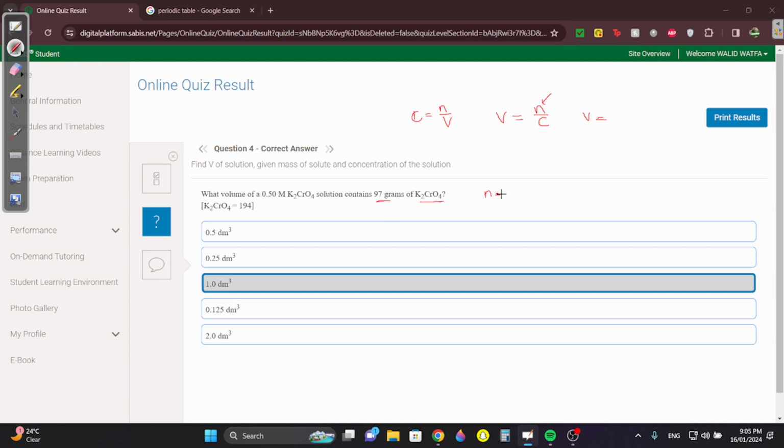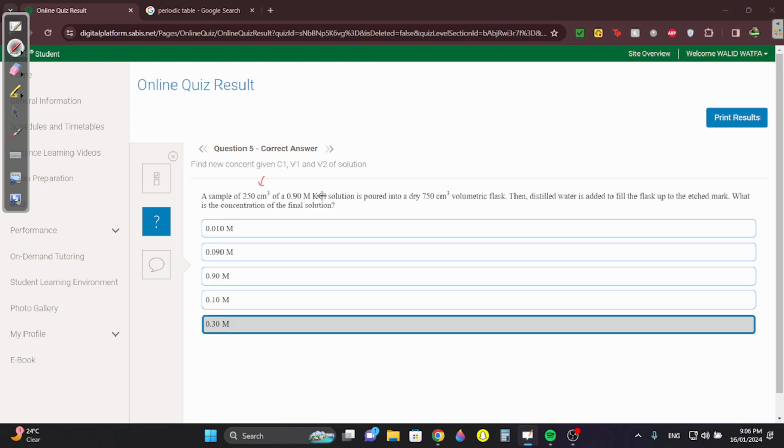How do you find the moles? n equals m over M. So n equals the mass 97 divided by the molar mass, which is 194, which is 0.5. So the volume is 0.5 moles divided by the concentration, which is 0.5, which is 1. You get 1.